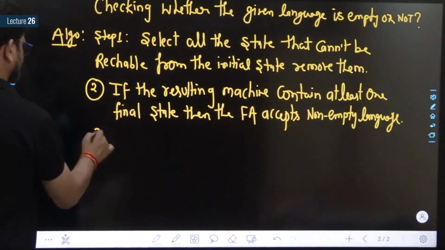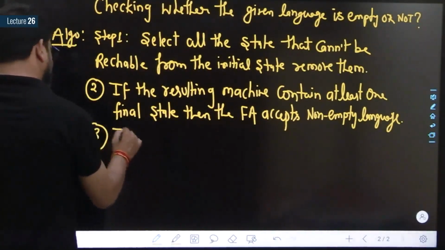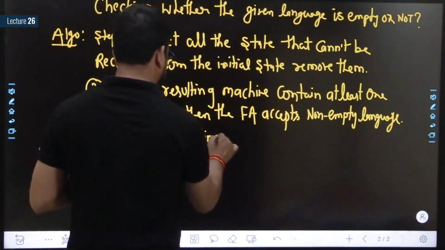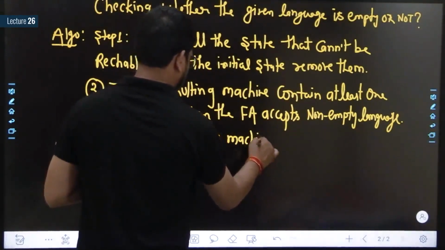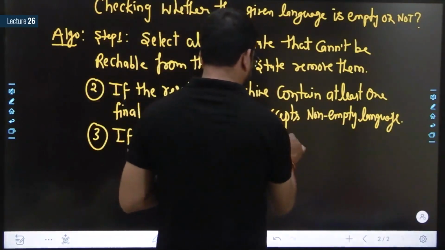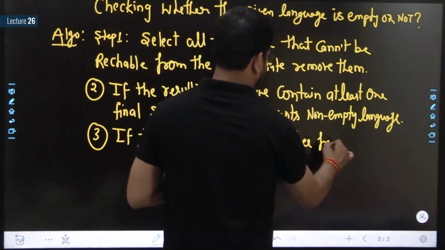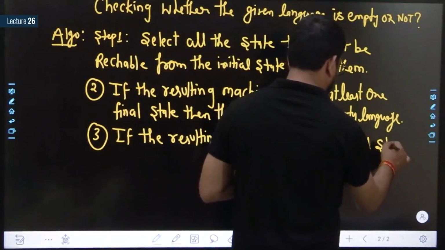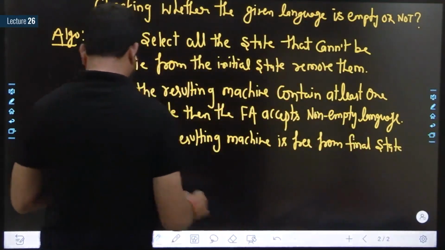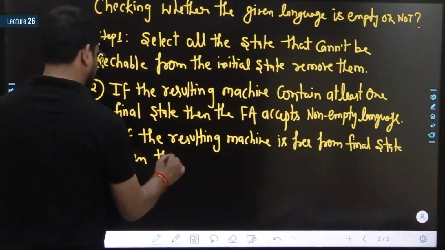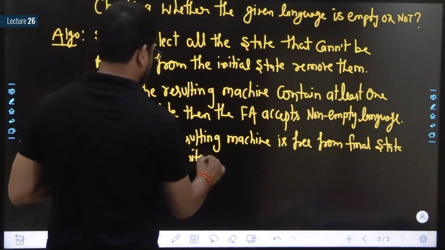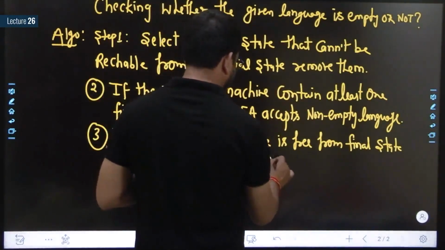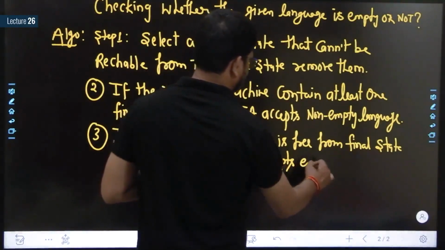Next. If the resulting machine is free from final state, then the finite automata accepts empty language.